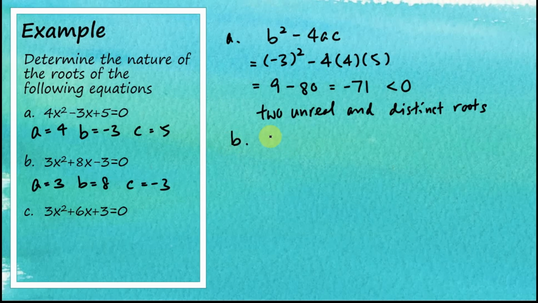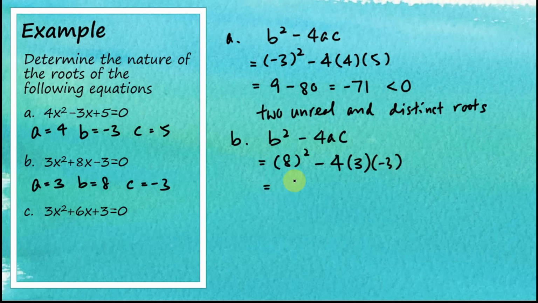Okay. Now for b, a is equal to 3, b is equal to 8, and c is equal to negative 3. So therefore, b squared minus 4ac is equal to 8 squared minus 4, a equal to 3, and c equal to negative 3.